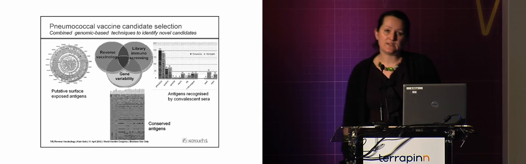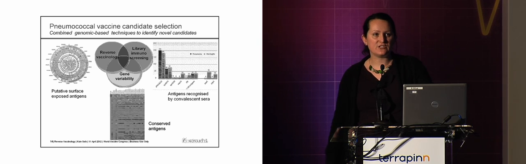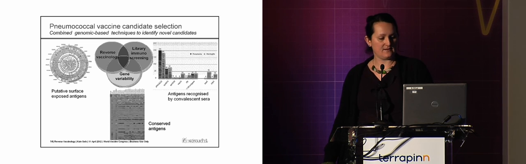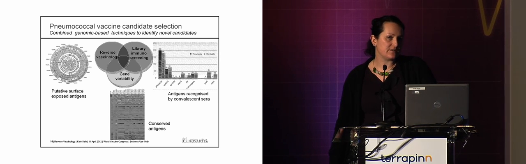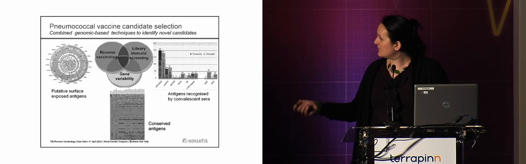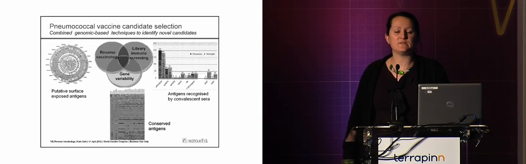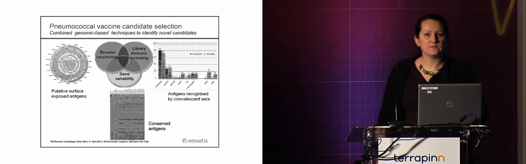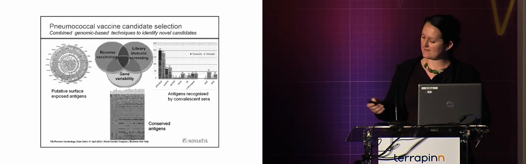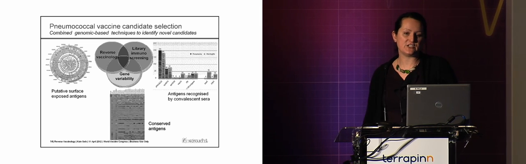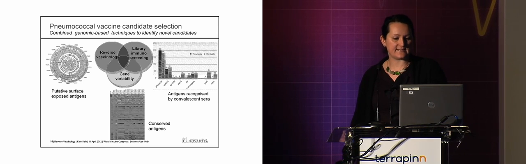So to this end, we used a combination of different genomic-based techniques to identify novel candidates. Once again, reverse vaccinology was used to identify putative surface proteins, surface-exposed antigens from the genome sequence. This was also complemented by using library immunoscreening to identify antigens that were recognized by convalescent sera.